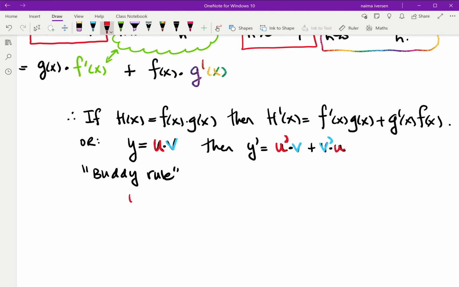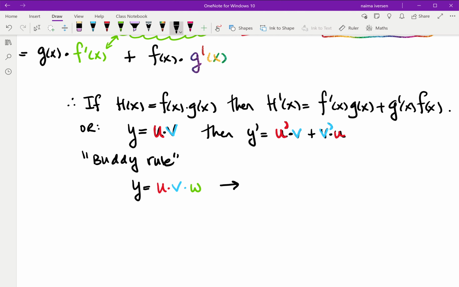And in fact, even if there were three friends, let's take a look at what would happen. We have u times v times w. If we had three friends and they're all really good friends and everybody wants to have a turn at being the derivative, they let everybody have a turn. So u is the derivative while v and w wait for him.